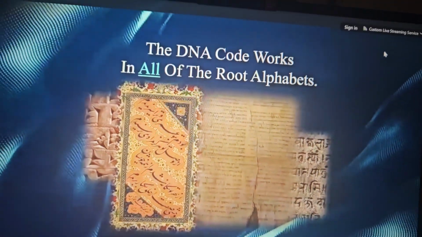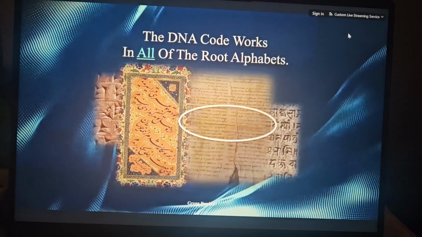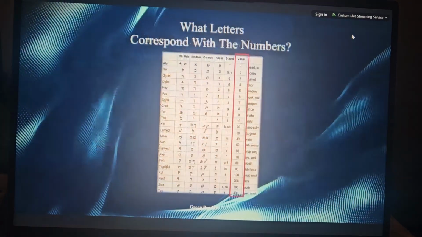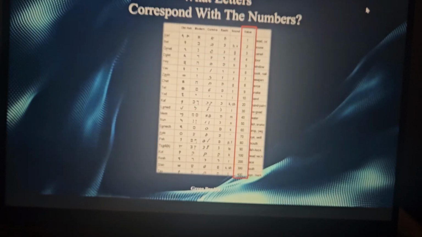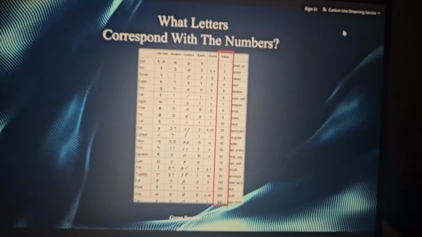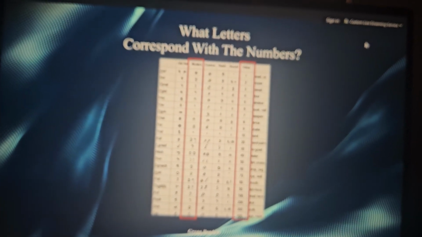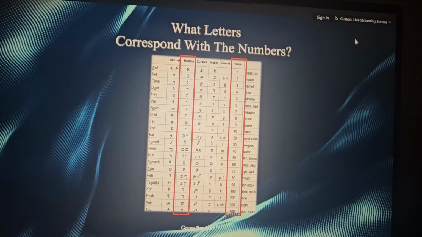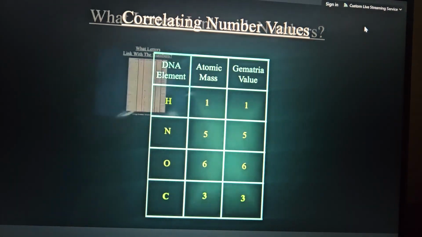All right, now, as I said, the DNA code works in all these alphabets. Let's take a look at Hebrew. What letters in the Hebrew alphabet correspond with 1, 5, 6, and 3 using the 32 rabbinical rules of gematria? And what we find, there's a number 1, 5, 6, and 3.